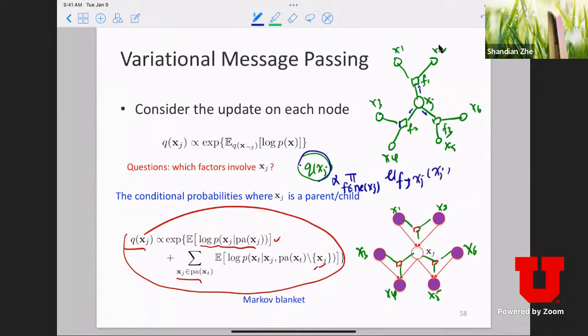This is kind of similar to the sum-product algorithm. If we want to receive the message aggregated at xj, we just multiply the incoming messages. Right? And then what is the message from a particular factor to this variable xj?